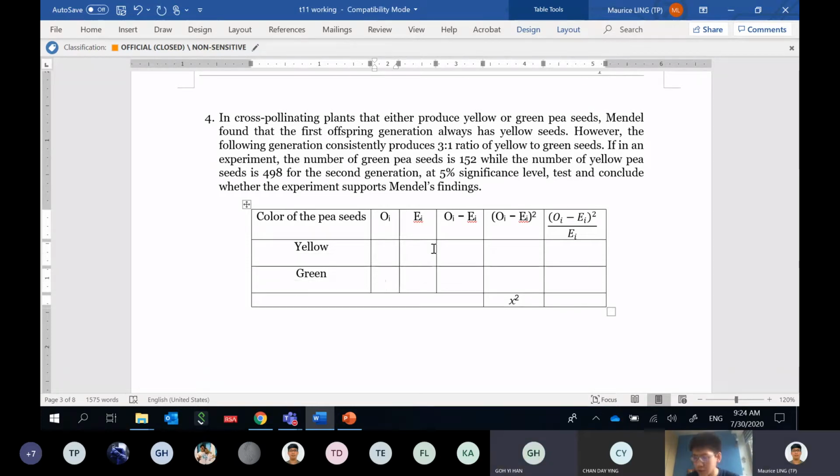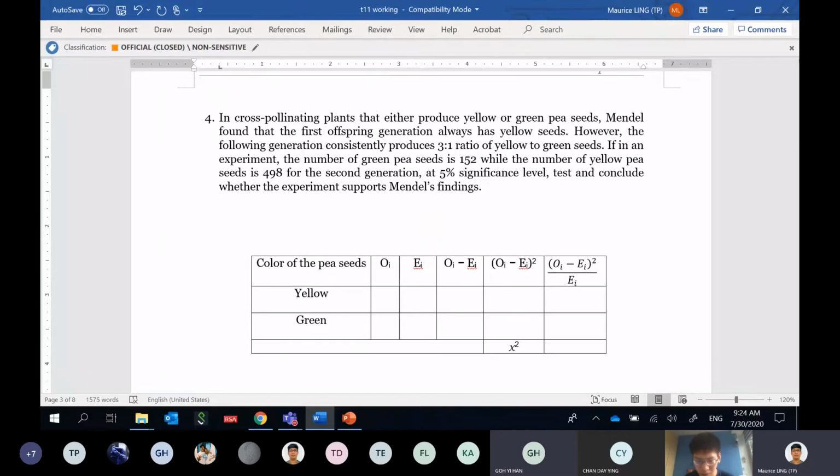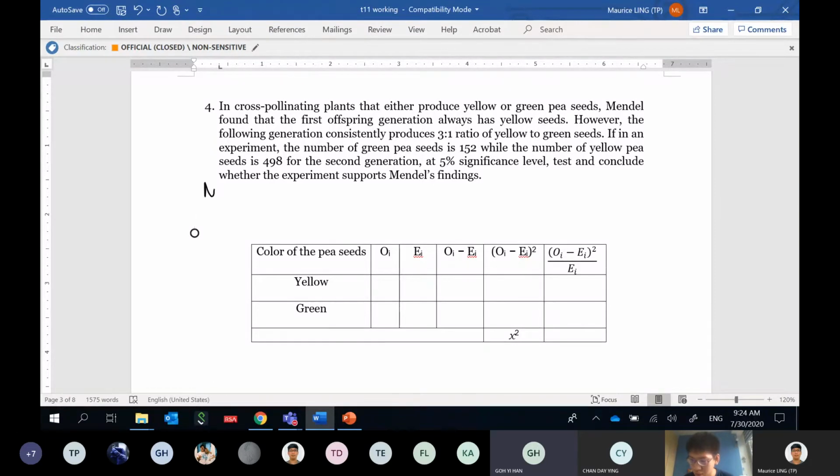Okay, so yes. So what is the null hypothesis? The null hypothesis would be that the findings support Mendel's theory. How do you write the null hypothesis again? The findings support Mendel's theory.